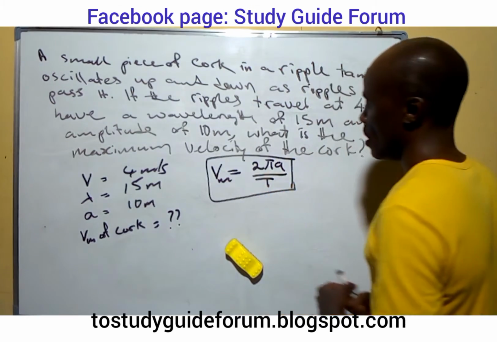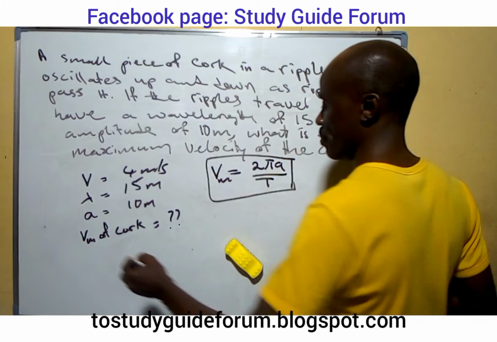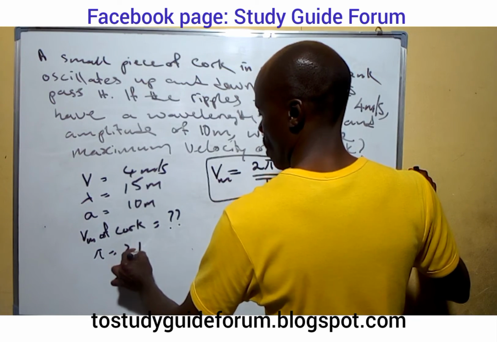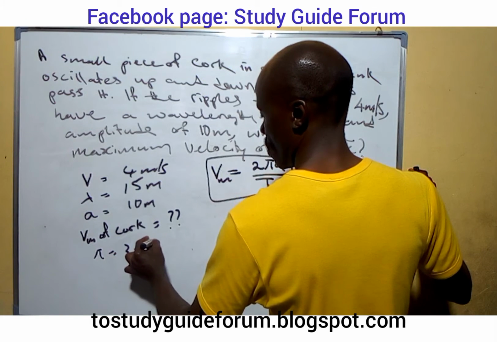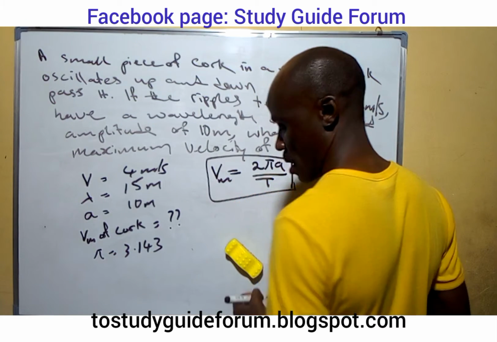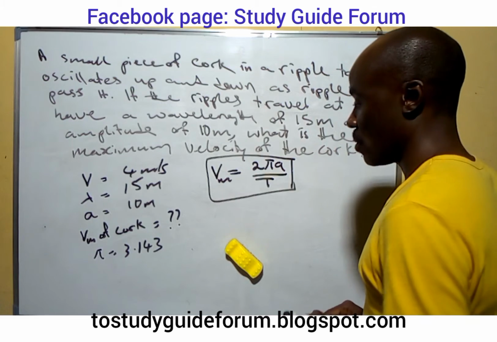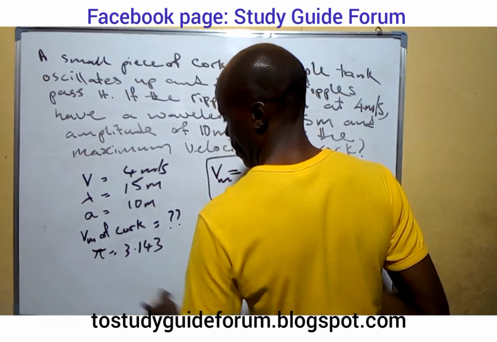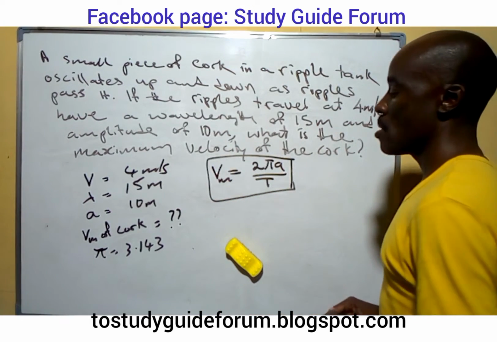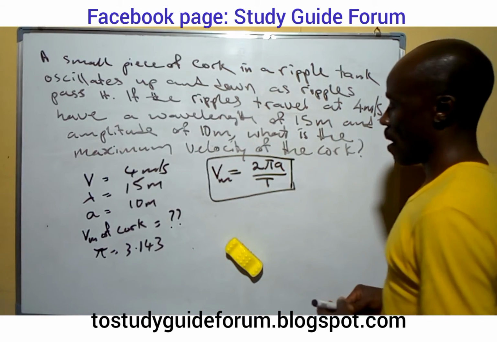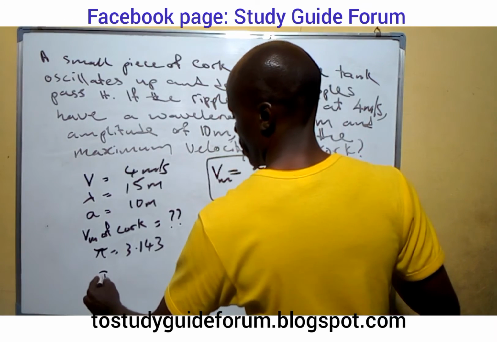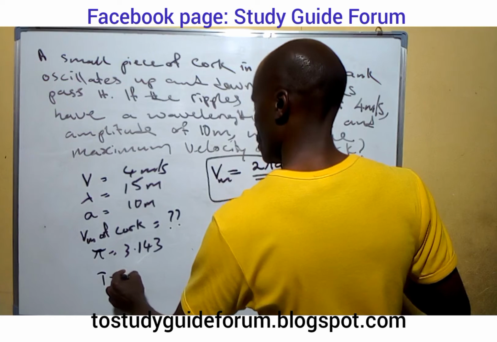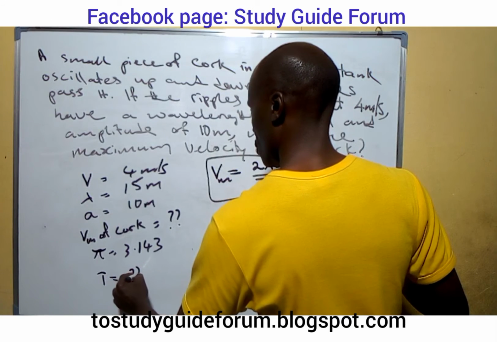Our pi, we can use 3.143. And then our T, the period in seconds, is not known.